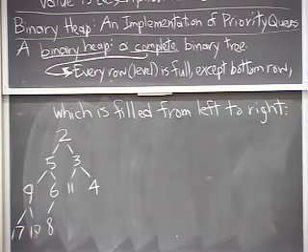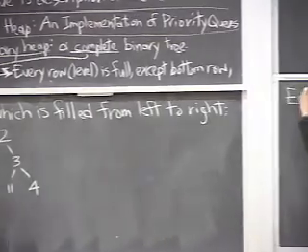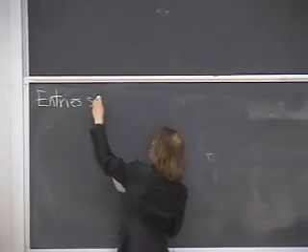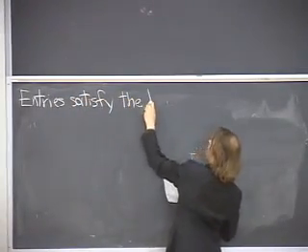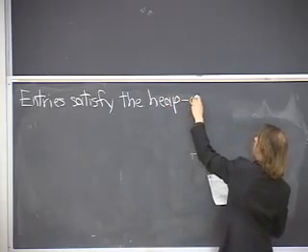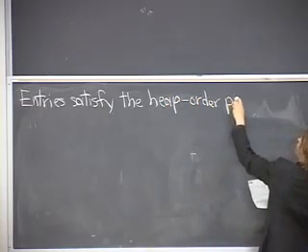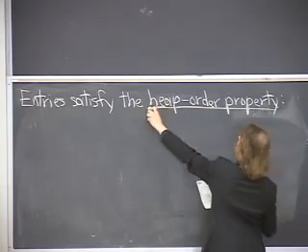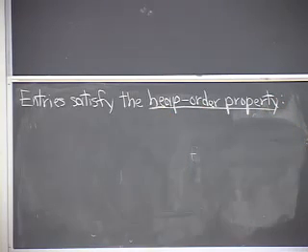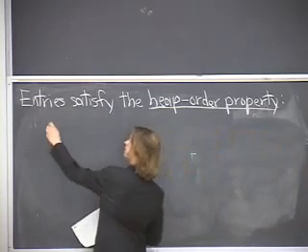But that's not the complete definition of a binary heap. A binary heap also has to have one other property. The entries in a binary heap satisfy what's called the heap order property, which I define to be the following: no child has a key less than its parent's key.